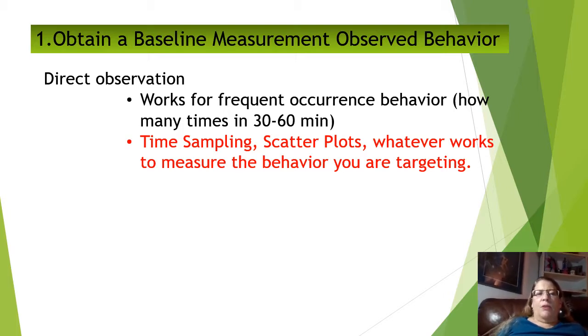If you have something that is frequently occurring, you can use your time sampling or your scatter plots, whatever's going to work. Whether you want to use just slash marks to delineate every time something happens, that's fine, but your direct observation has to do with looking for behaviors that are pretty frequent, to where you can just observe.